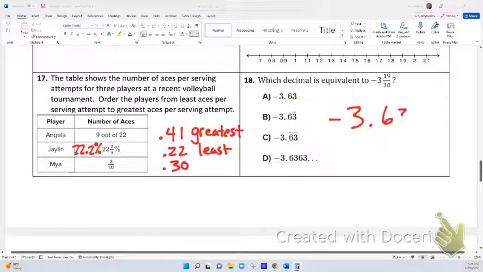And the 3 is repeating, so of course we put the repeating bar over just the 3. Okay. Do not make the mistake of putting the repeating bar over the 6 and the 3, because when you type that into your calculator, it's not 0.636363, it's just 0.6 with the repeating 3. So in that case, my answer ends up being letter B.